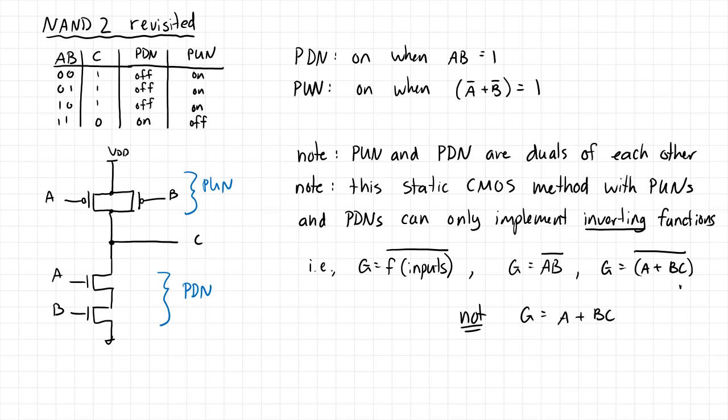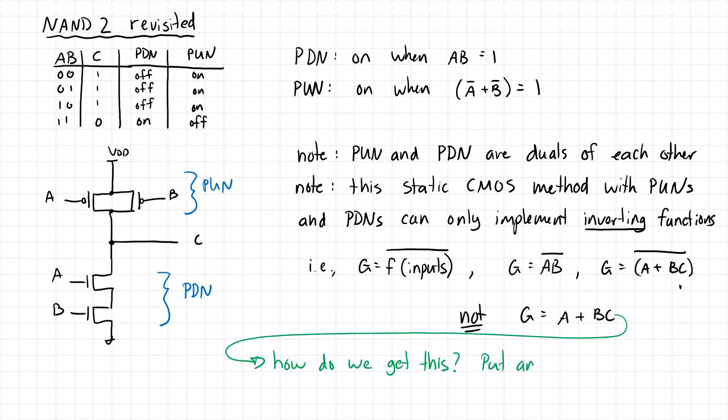Okay, so one question is, well, how would we get this? Well, there's two methods. One is we build the inverting function and then just put an inverter after.